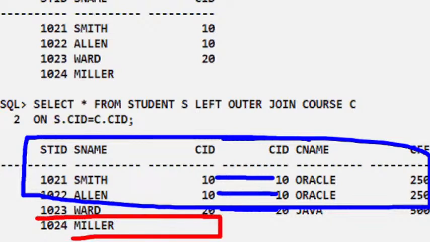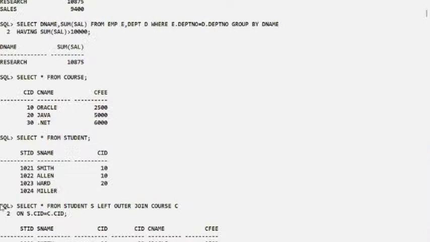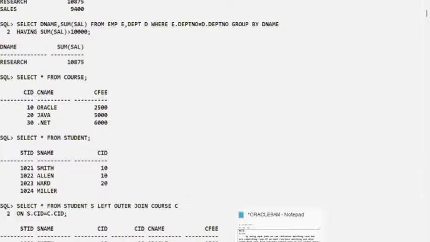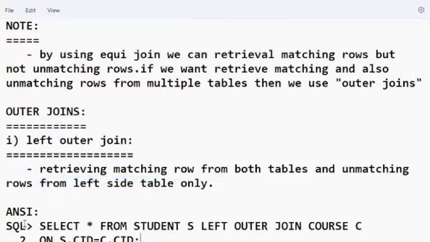Unmatching data we are getting from the left side table, the student table. But did right side unmatching data come? No. In place of this, by default it will take nulls. Understand now? This is left outer join: matching and also unmatching, but unmatching from left side only. This is ANSI format.